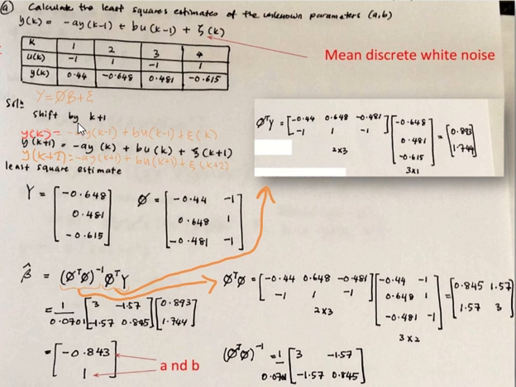What is given is the value of y and also the value of u, so we have two rows of values.